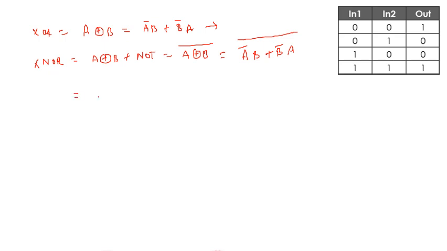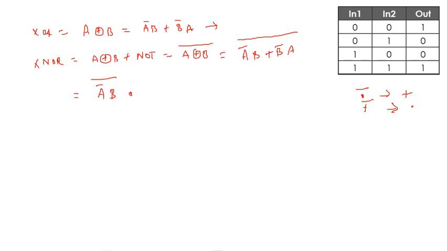See this one: A bar B whole bar, and a plus will become dot here. If you put a bar on a dot product, it will be converted into plus. If you put a complement on a plus, that will become dot. According to this, you just understand here.